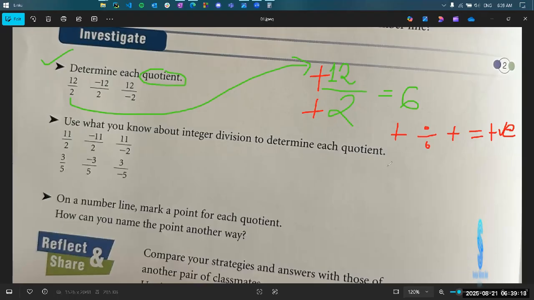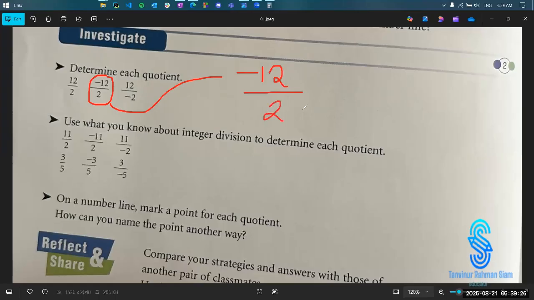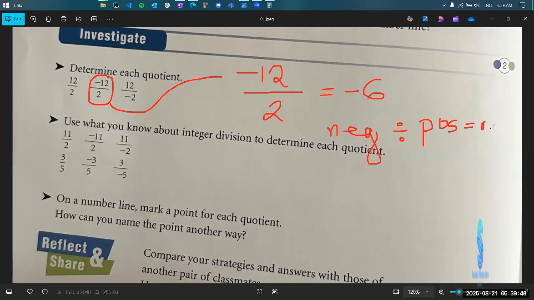After that, we solve this particular set, minus 12 and 2. So minus 12 is the numerator and 2 is the denominator. What will we get? Negative 6. So what does that mean? That means if you divide a negative number by a positive number, you will get a negative number.